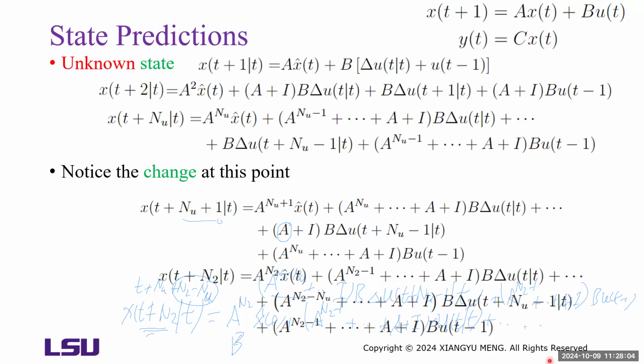The only part we need to pay attention to is this one, the last one: b delta u t plus nu minus 1 condition on t. Then the coefficients of the polynomial of A start with n2 minus nu.